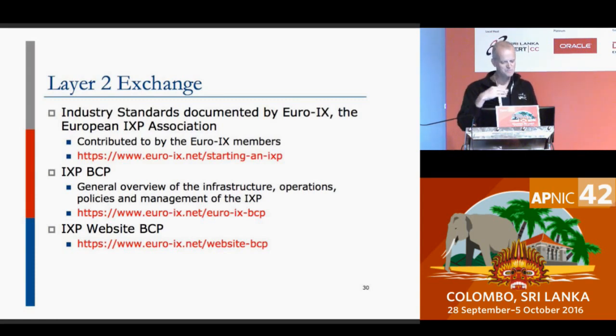So I'm always pointing folks towards documentation like this that's been well put together for many years. They have a BCP as well, a general overview of the infrastructure, operational policies, and management of the exchange point also. All useful guidelines if you're interested in setting up your own exchange.